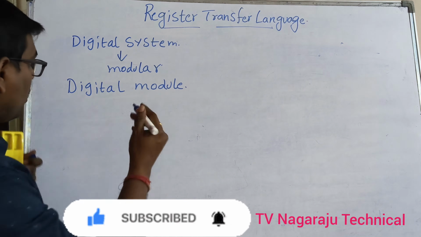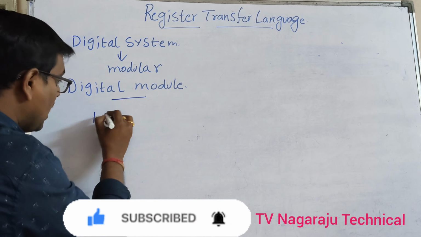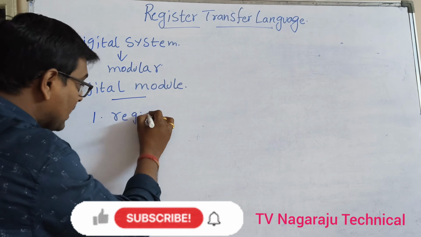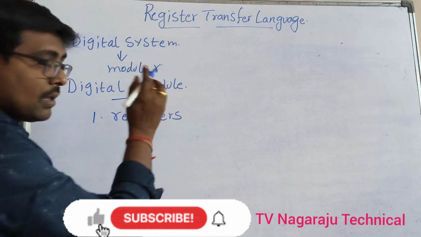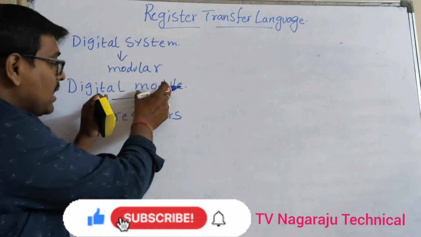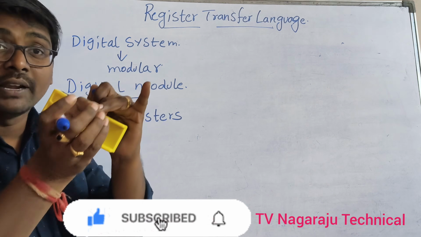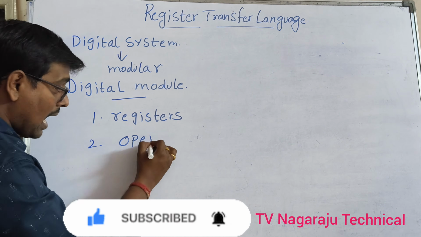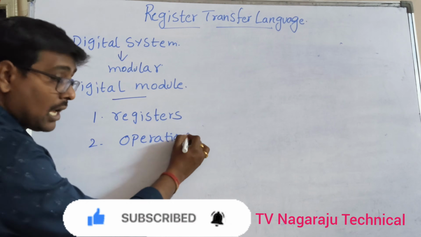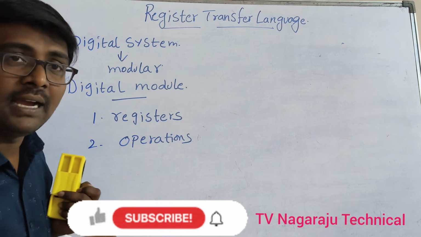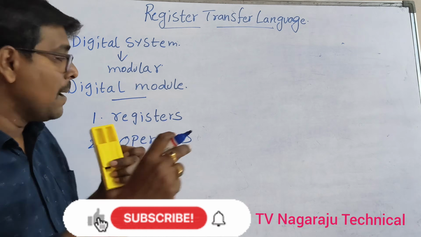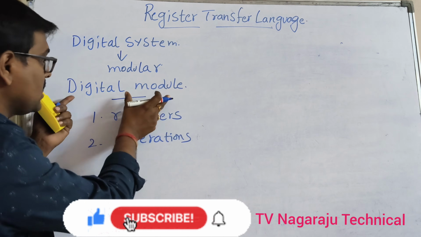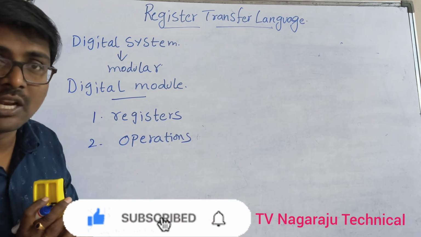A digital module is defined by using the registers it contains, that is, what are the different types of registers the module contains, and the operations that are performed on the data inside the registers. Based on these two factors, we are defining the digital module.